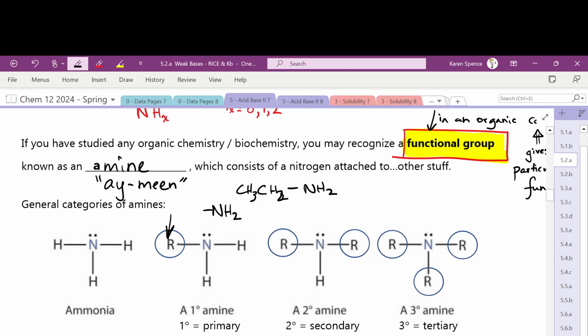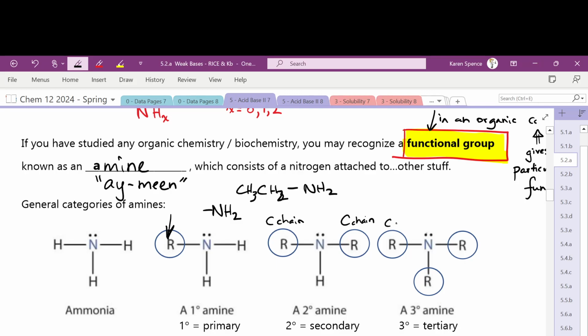If I have one carbon chain and two hydrogens, that's called a primary amine. If I have two carbon chains, or whatever else it happens to be, it could be a ring, and one hydrogen, that's called a secondary amine.